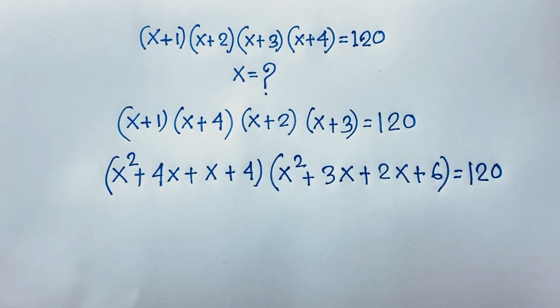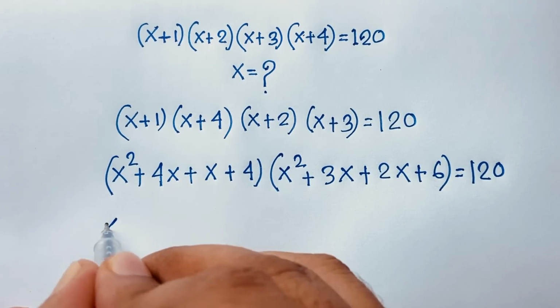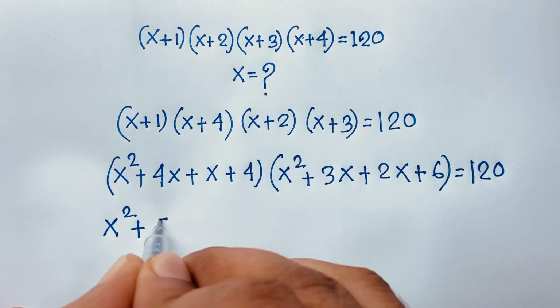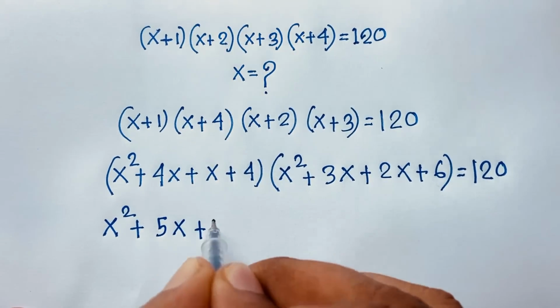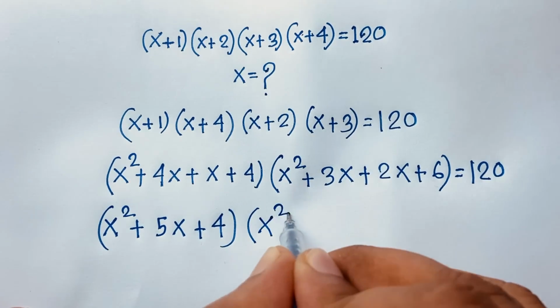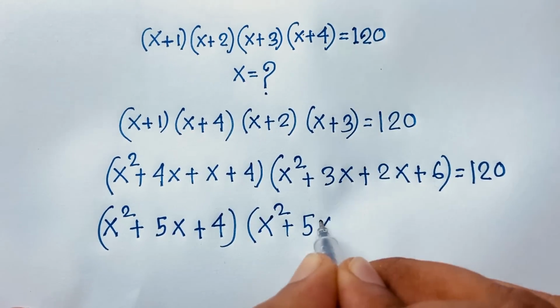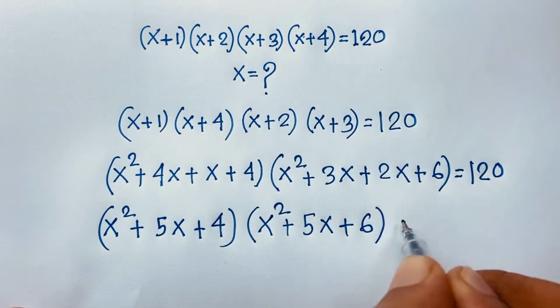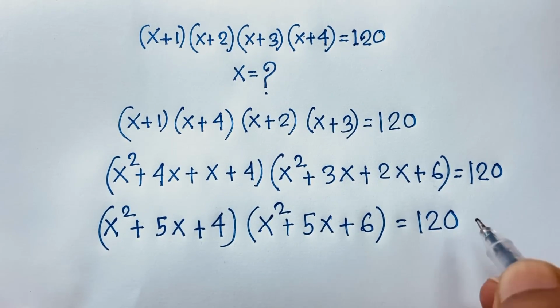Now this expression is x squared plus 5x plus 4, times x squared plus 5x plus 6, is equal to 120.